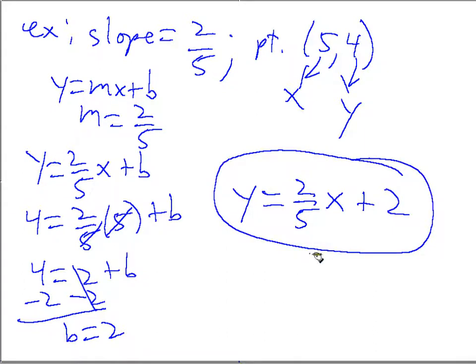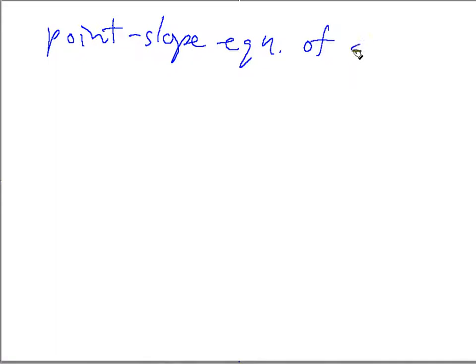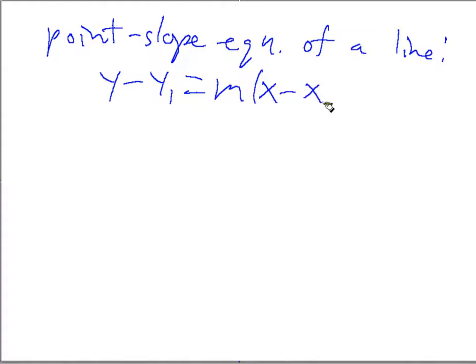Not too bad at all using this technique of mx plus b. There's another technique we can use to solve these types of problems. Let me clear this out and give you that equation. It's called the point slope equation of a line: y minus y1 equals m times x minus x1.